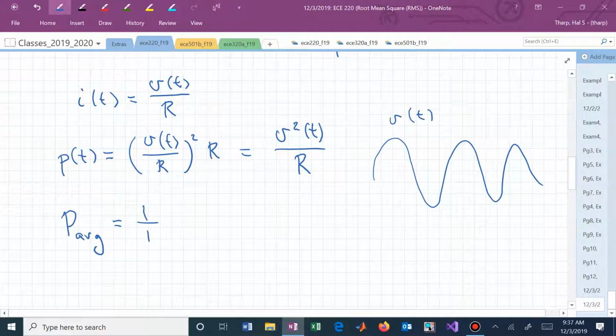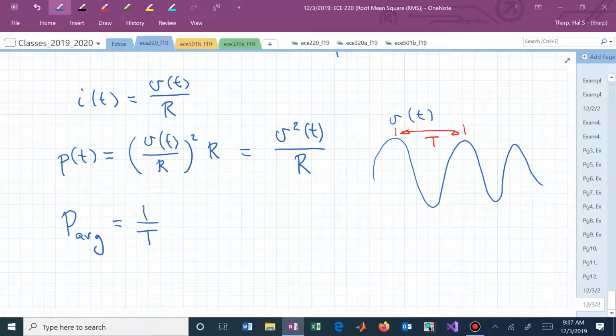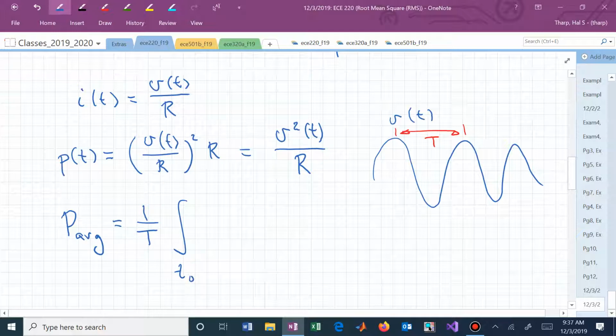So here we're going to say the average power is now 1 over T, where T is from peak to peak. That's our period. We now want to integrate, and we can integrate starting at any point on that curve as long as we go one period beyond that.